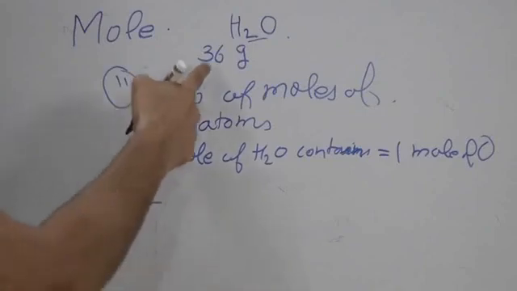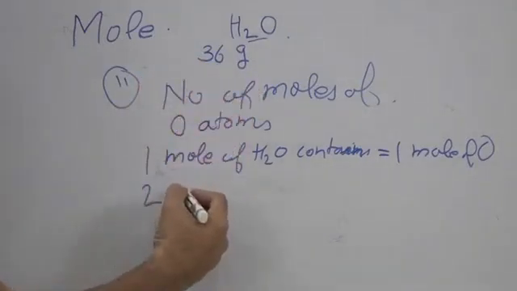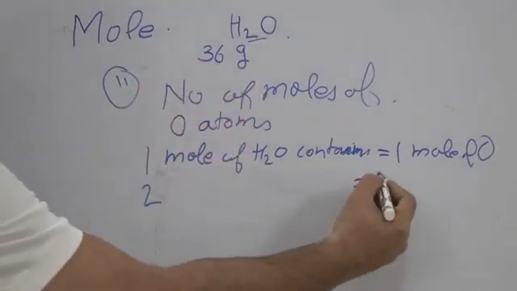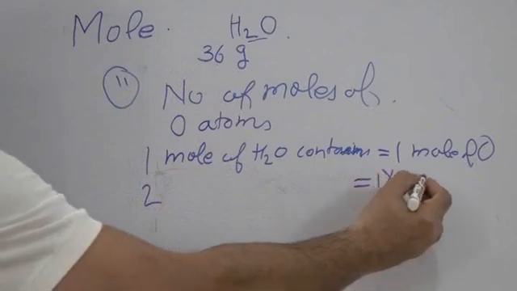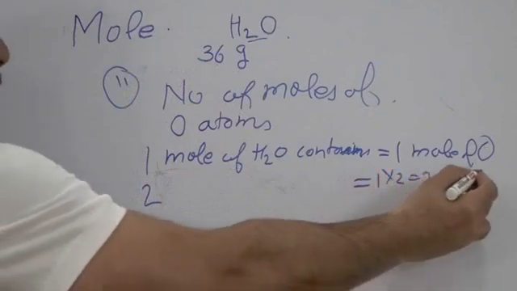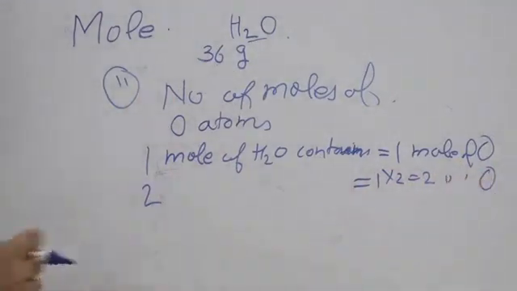Total is 36 gram, which is equal to 2 moles. 2 moles would contain how much? 1 into 2 is equal to 2 moles of oxygen atoms.